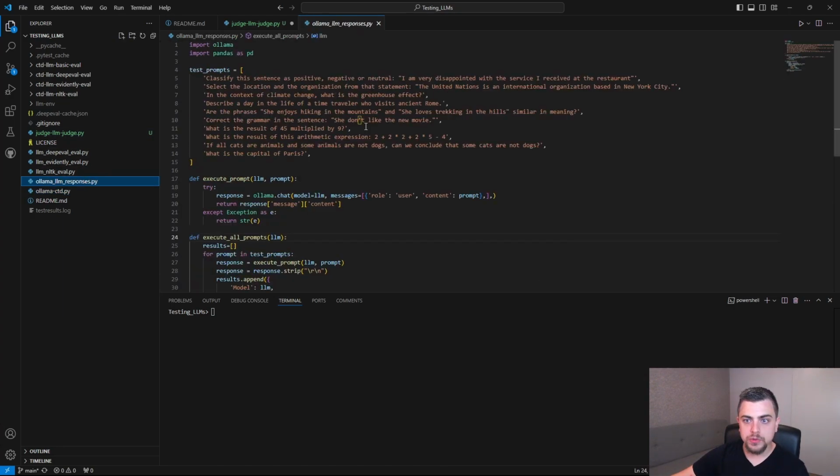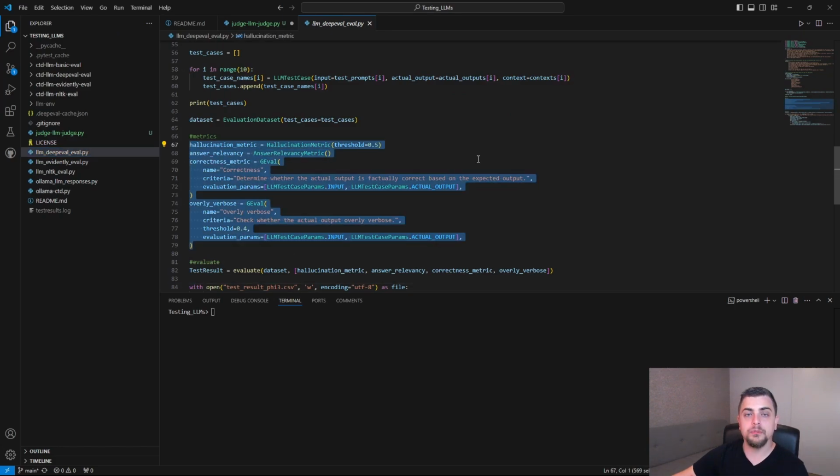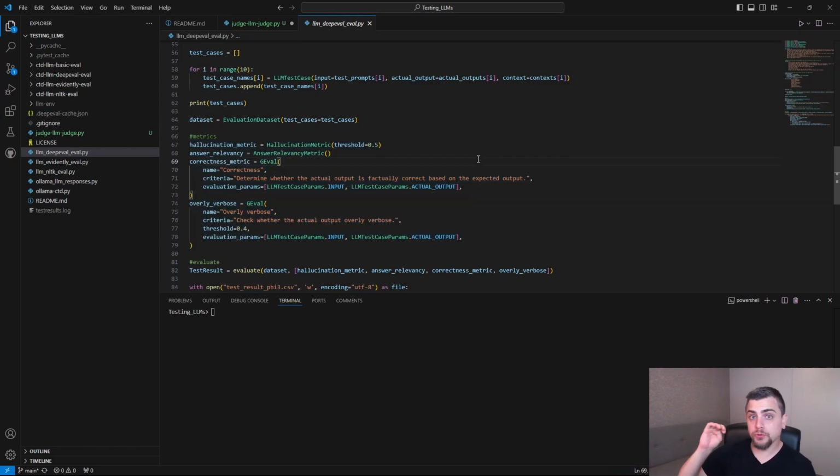We used judge LLMs when using DeepEval, because nearly every metric in DeepEval is judged by large language models, and we used four metrics when evaluating the large language models: hallucination, answer relevancy, factual correctness, and overly verbose answers. So these four metrics.